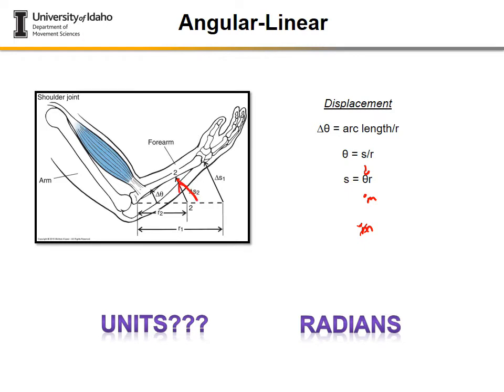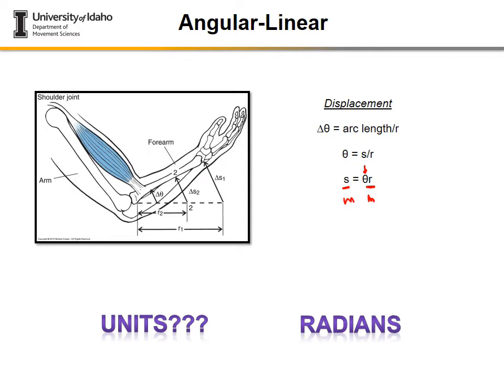We need the arc length S to be in units of distance. If theta is in radians, that is a unitless number. So if the radius is in meters and theta is unitless, the arc length is going to be in meters.